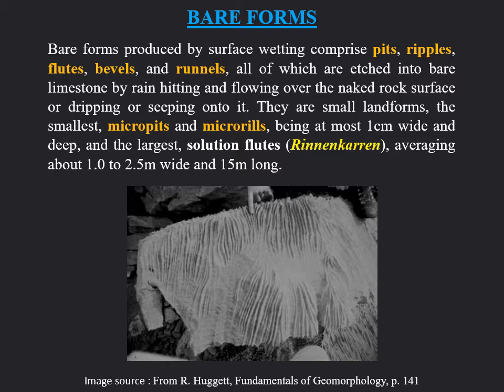Now in these exposed rocks, when they suffer sufficient wetting, that is when a sufficient amount of acidic water passes over these exposed rocks, they form pits, ripples, flutes, bevels, and runnels. So all these are minute landforms.